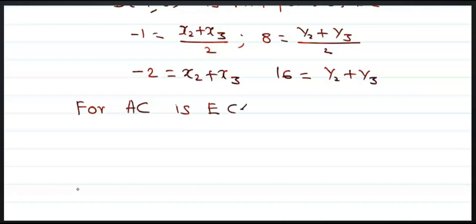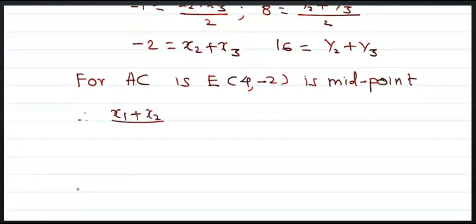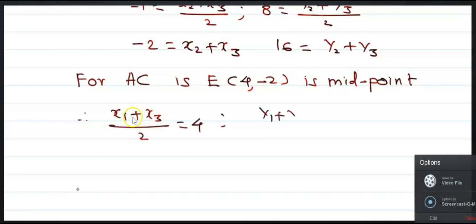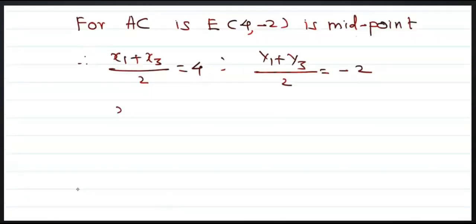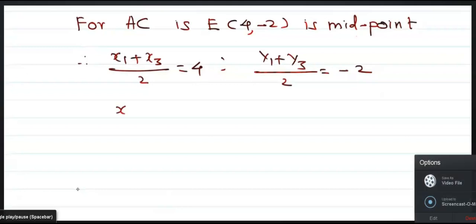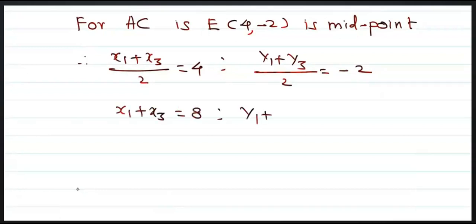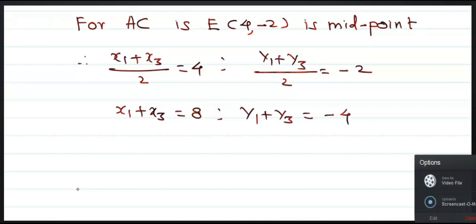Now for AC, E is the midpoint, which is (4, minus 2). And therefore, (x1 plus x3) upon 2 is equal to 4, (y1 plus y3) upon 2 is equal to minus 2. That is, x1 plus x3 is equal to 8, y1 plus y3 is equal to minus 4.